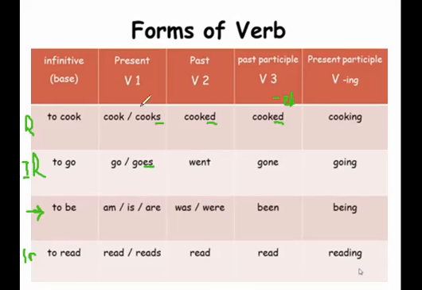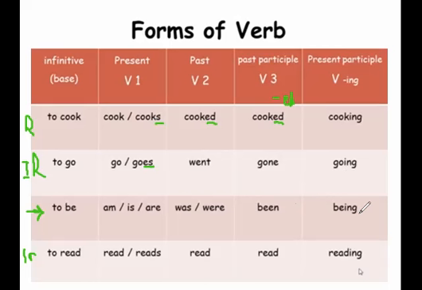In its present form, "be" changes into "am", "is", "are". In the past form, it changes into "was" and "were". In the past participle form, it changes into "been". And the ing form, also called the present participle form, is "being".